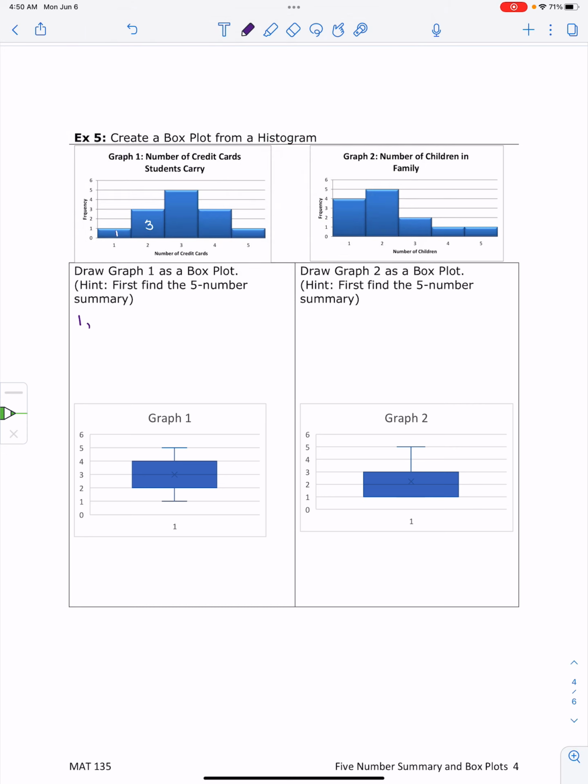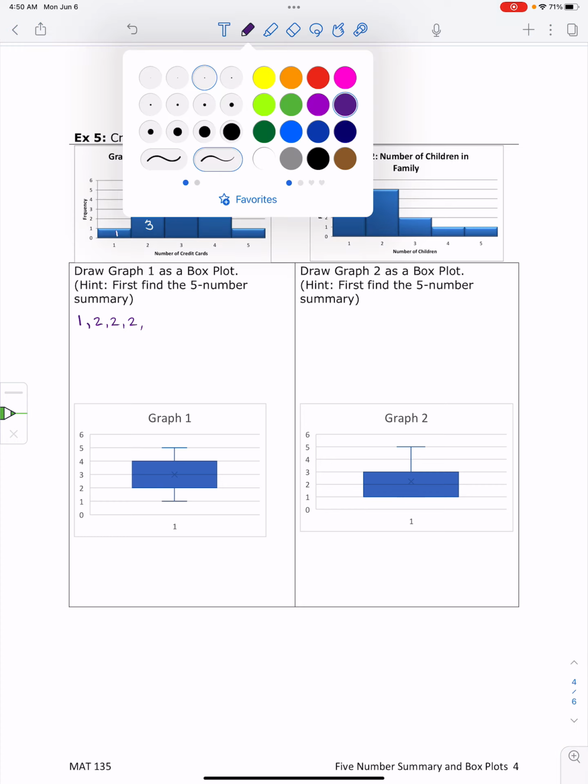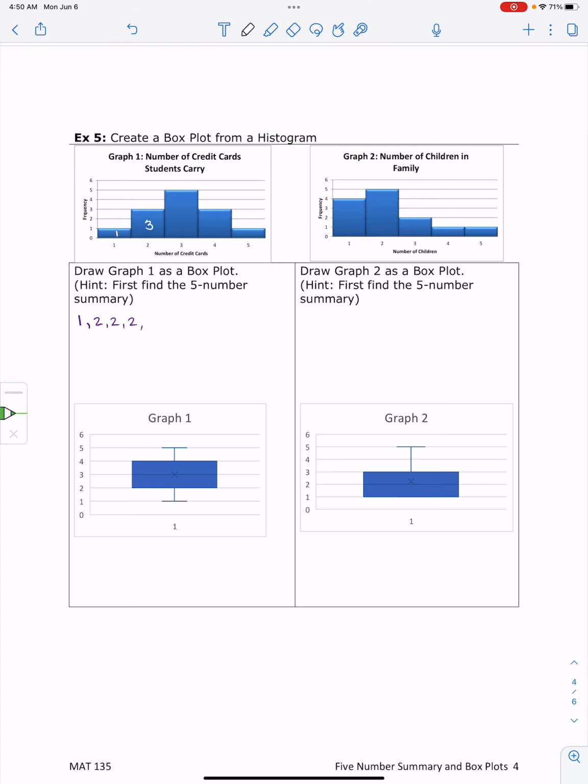So if I were going to write this out, I would list the 2 3 times. 3 happens 5 times. 4 happens 3. 5 happens 1. Remember, this is our bell-shaped curve, our normal distribution. So 3, 3, 3, 3, 3, 5 of those, 3 4s, 1 5. Okay.